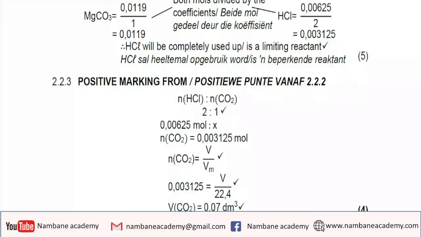So you will be marking the 0.019 multiplied by 22.4, not the answer. So they won't get the mark for the ratio which is not correct, and then the answer that is not correct. So you will afford them the marks for the formula of V over Vm and the substitution into the V over Vm only. So the total, there should be 2 out of 4 if they are identifying the incorrect limiting reagent. 2 out of 4.